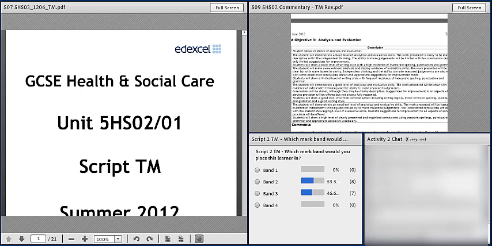Okay, everyone, I've come back now because most of you have put a mark on, and it seems to be a pretty even split between Band 2 and Band 3. One thing that has occurred to me is that one person published what mark they gave and said that they put it at the bottom of mark Band 2.